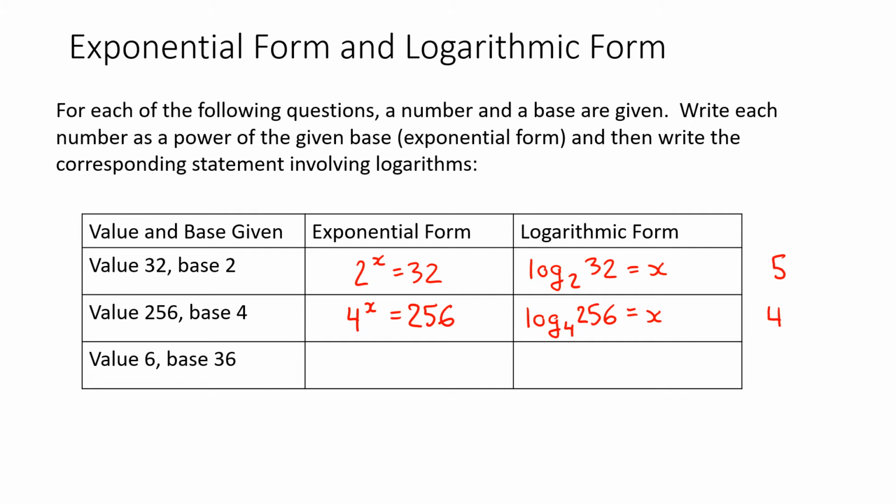And for a value of 6 and a base of 36, we have 36 to some exponent x must be equal to 6. Writing this in logarithmic form, we have the log. Again, your base is 36 and your value is 6, and that has to be equal to that value of x.